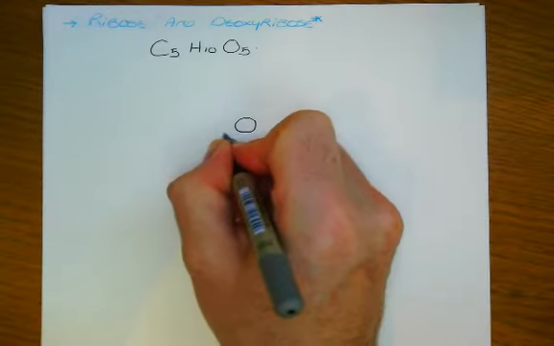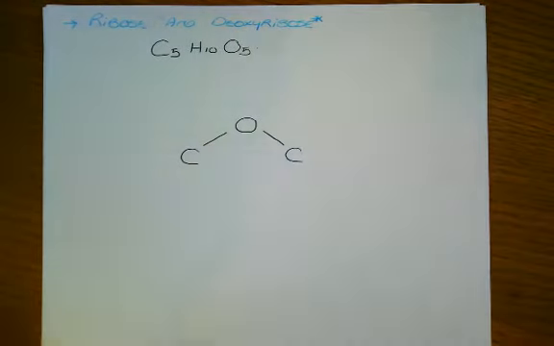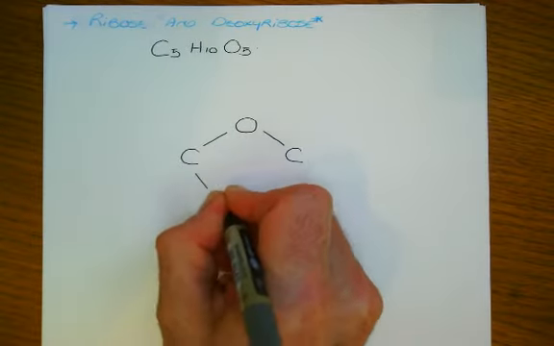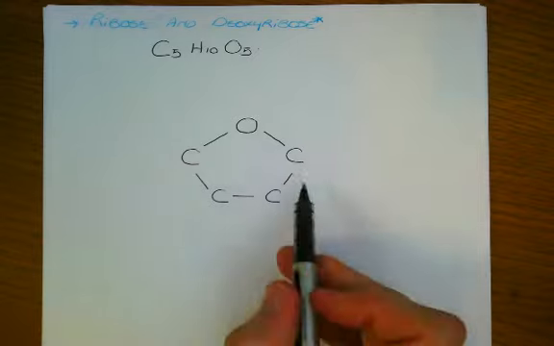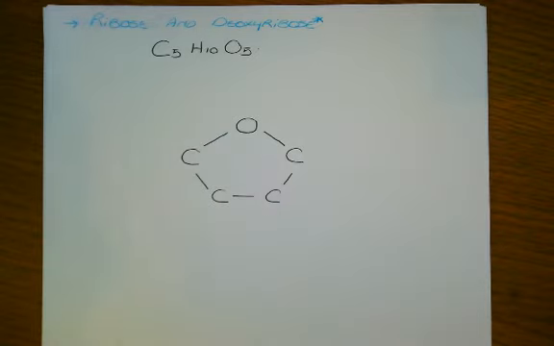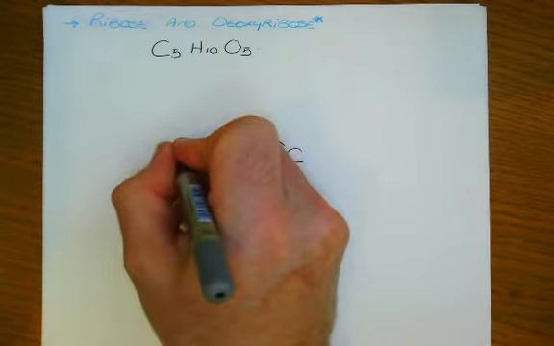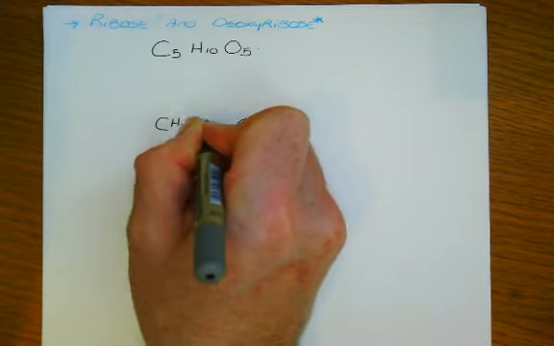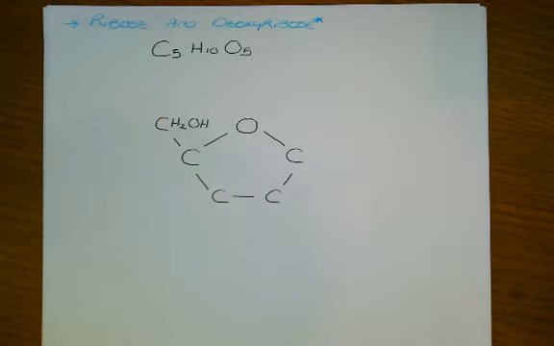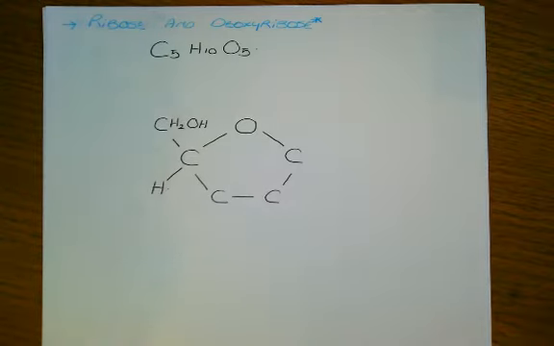So we start with an oxygen at the top of the molecule, and it's 2 bonds bonding to carbons. These carbons then bond to other carbons like that. So far we have 4 carbons as part of our ribose. This is carbon 1, this is carbon 2, this is carbon 3, carbon 4, carbon 5 is up here, with our CH2OH group on it.